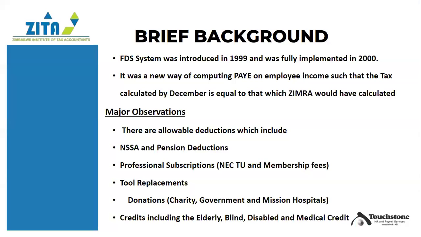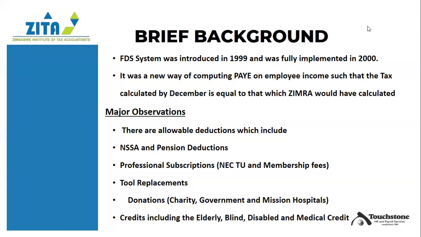Now, I'm just going to give you a brief background on the journey that we've had with our taxation and tax laws. First of all, the FDS system, which stands for Final Deduction System, was introduced in 1999 and was fully implemented in 2000.